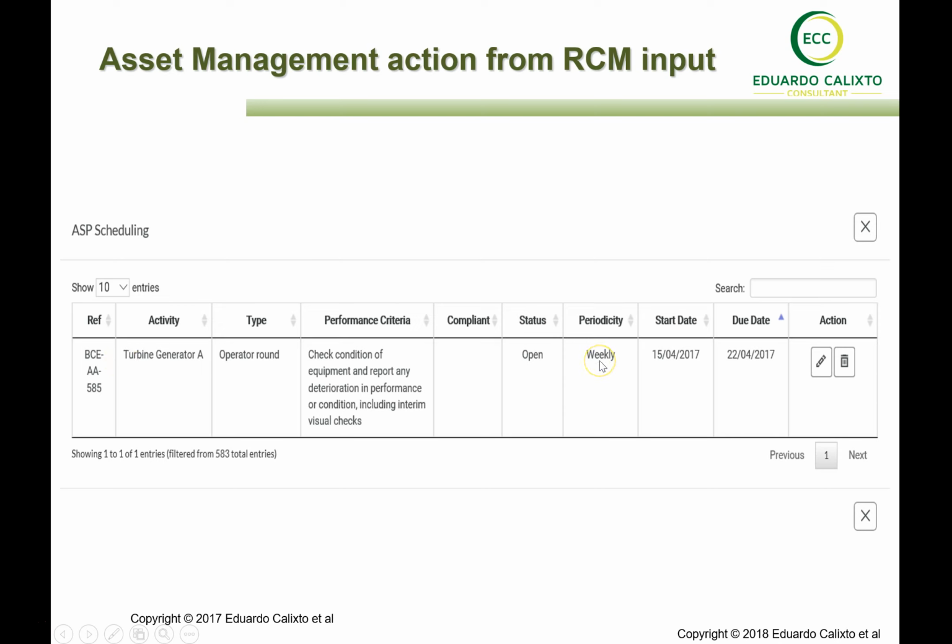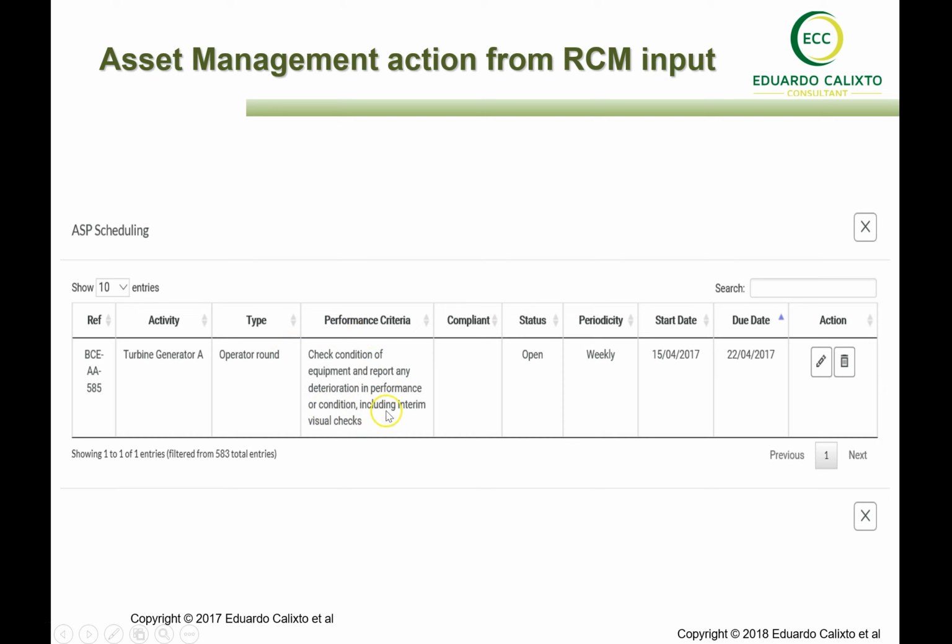So here is an example of inputs that come from the RCM. It's a turbine that has some routines for visual checks and visual inspection that need to be done by the operators. Whenever they see a deterioration or degradation in the equipment, they need to inform the maintenance group.